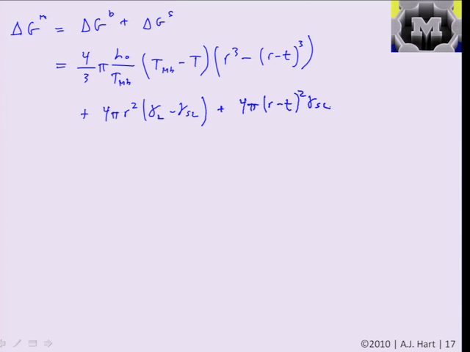We take a derivative, and we're basically going to find that if the first derivative of delta G with thickness is less than 0, then the particle will melt.